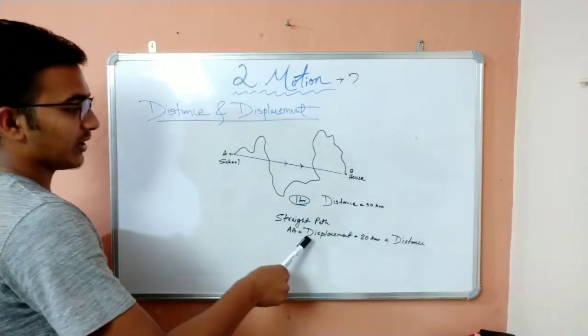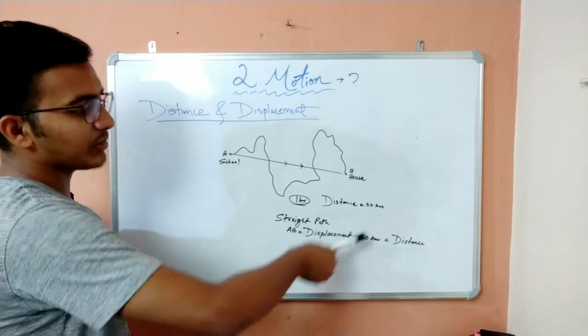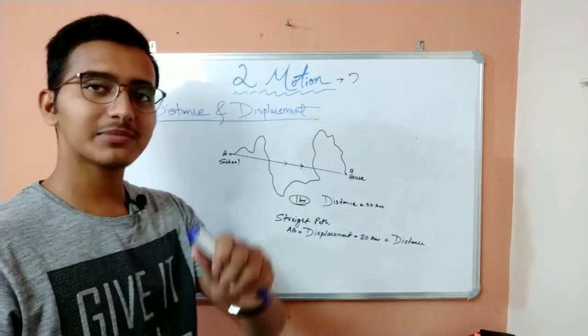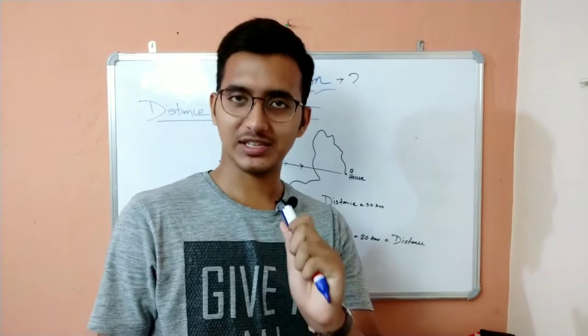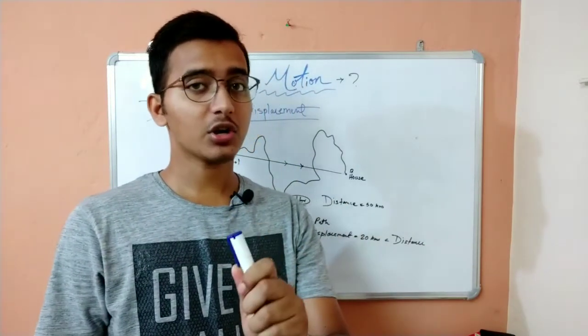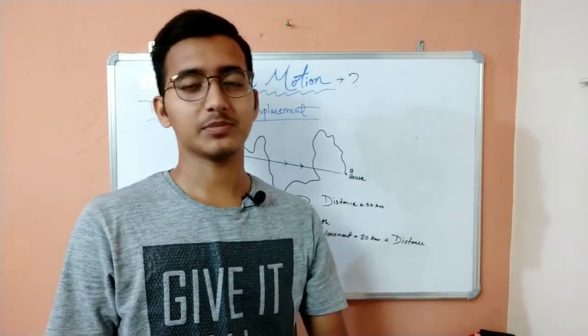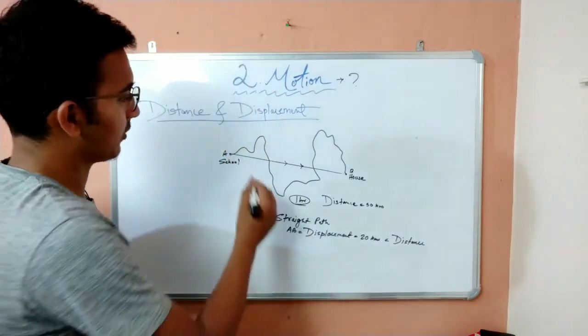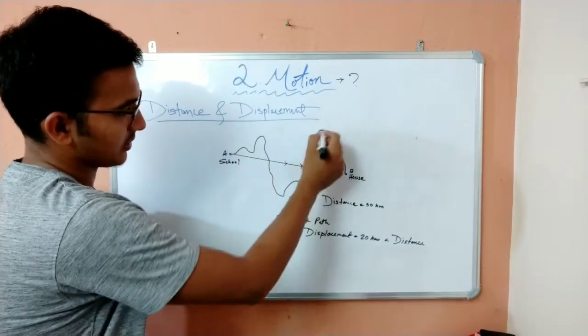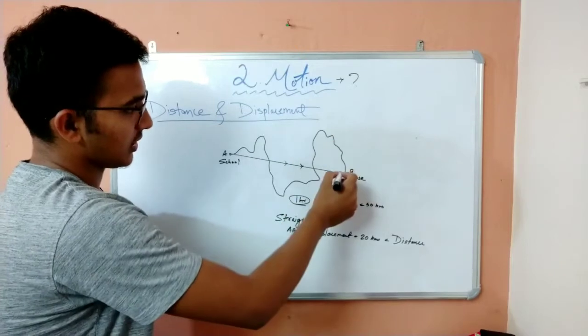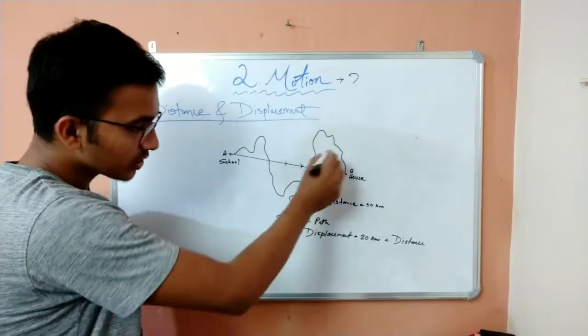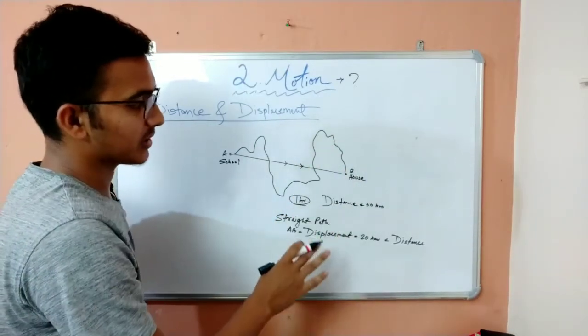So displacement is always equal to distance, but distance does not always equal displacement. Where do you find it? See over here. Sorry, this is the distance. Is it equal to displacement? No, it is not displacement.